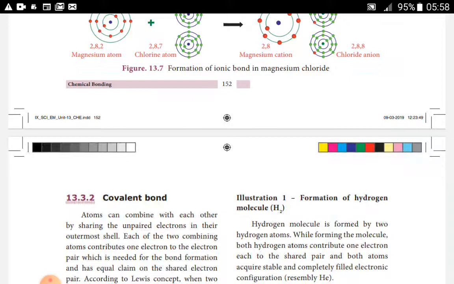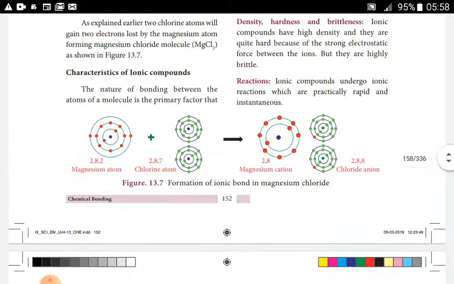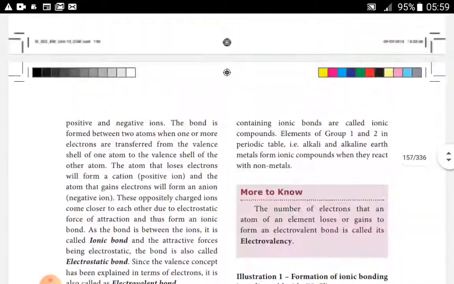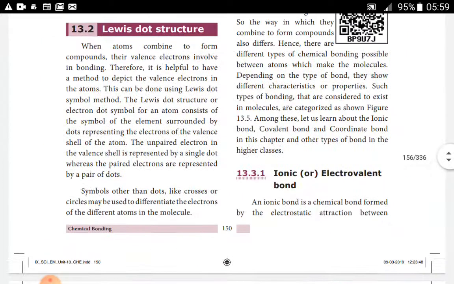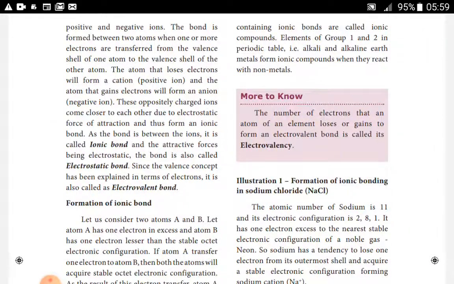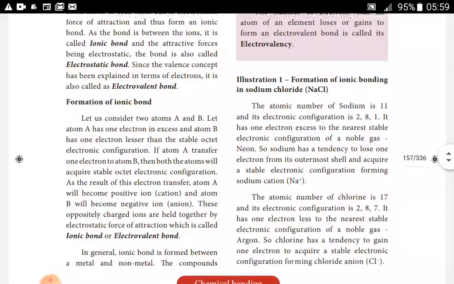So my students, you have to go through up to this ionic compound. First you have to know that ionic compounds are compounds formed by a positively charged ion and a negatively charged ion. This is also called an electrostatic bond because of the electrostatic force, and also called electrovalent because of the valence electrons.